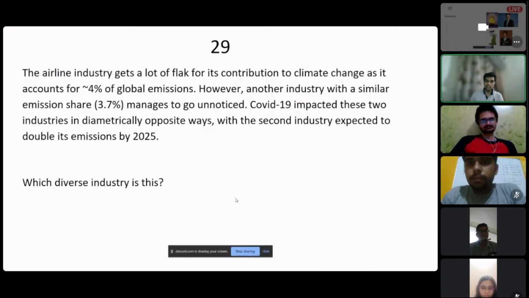COVID-19 impacted these two industries in diametrically opposite ways, with the second industry expected to double its emissions by 2025. Which diverse industry is this? So we need the name of the industry which goes unnoticed for its contribution to climate change.